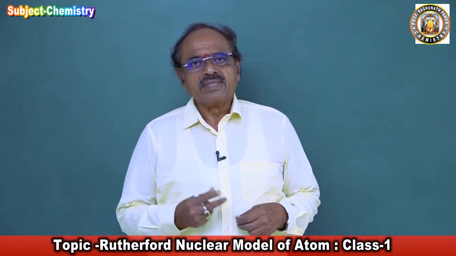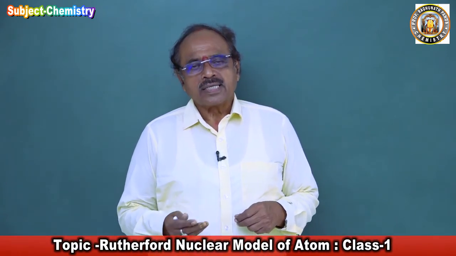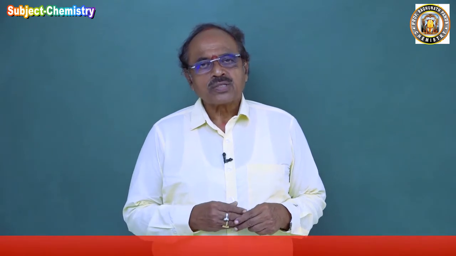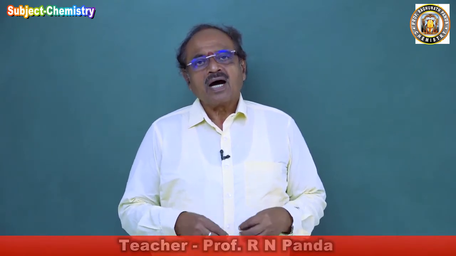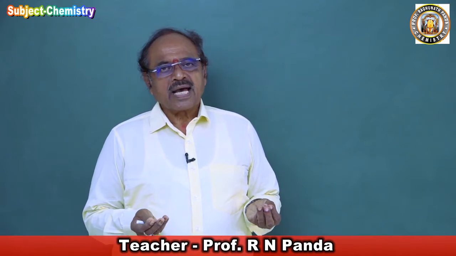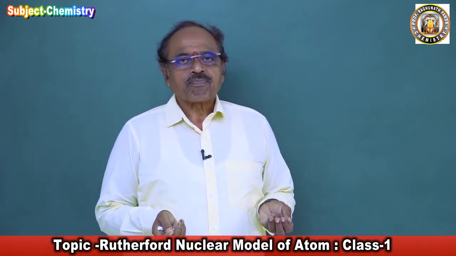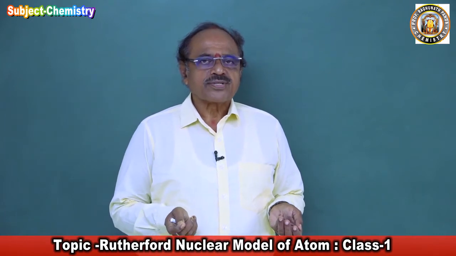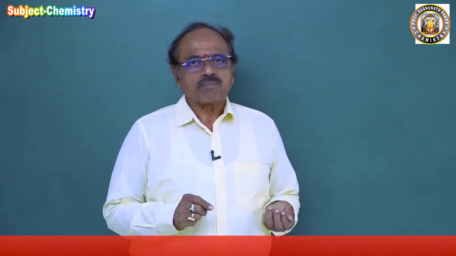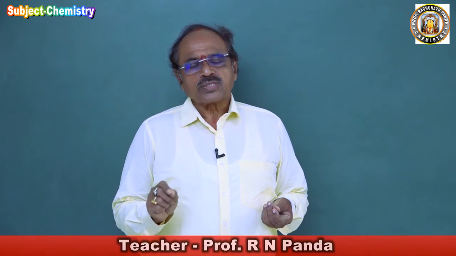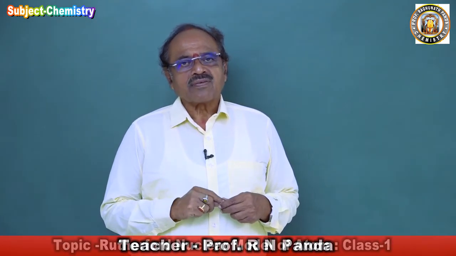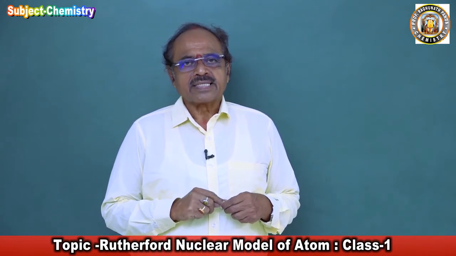There are some elements like uranium and thorium that spontaneously undergo disintegration, producing very powerful radiations which are more penetrating than cathode rays, and those rays were called alpha rays, beta rays and gamma rays.